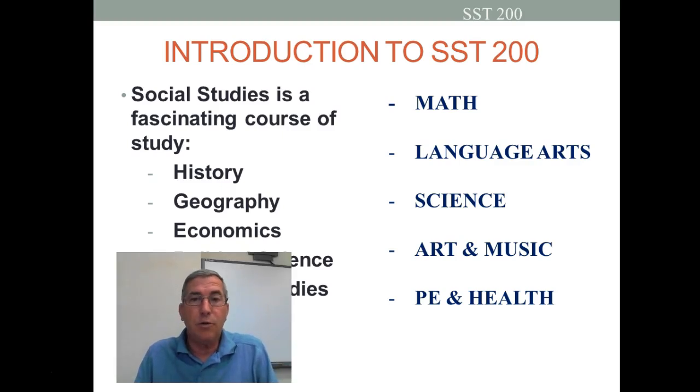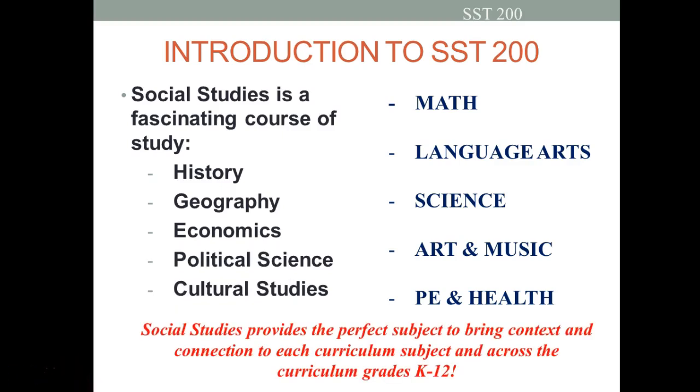And then we move into more recent history and we see great medical advances using robotics. That's all part of the history. So one of the things I like to say is that social studies provides the perfect subject to bring context and connection to each curriculum subject and across the curriculum grades K to 12.